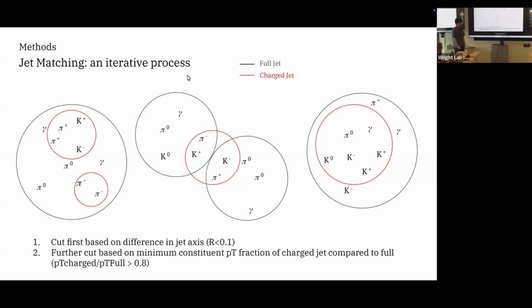The algorithm that we ultimately settled on, it's a work in progress, is we first cut based on the jet axis, so if they're less than 0.1 apart in the space, and then we cut on pT fraction to get our jet matching.